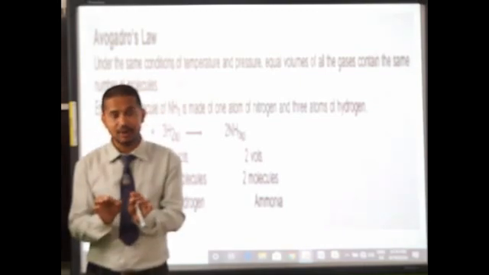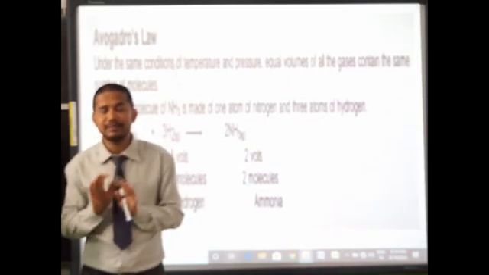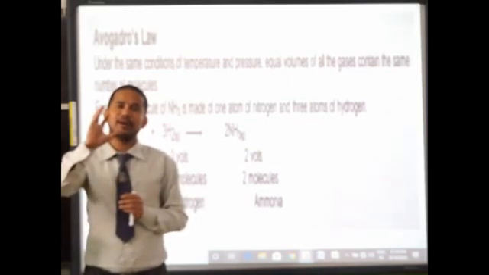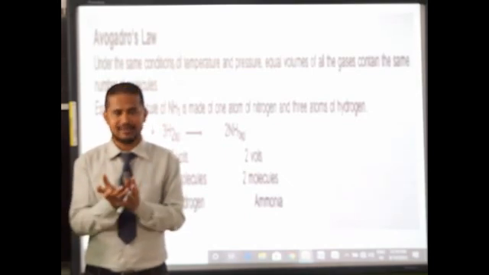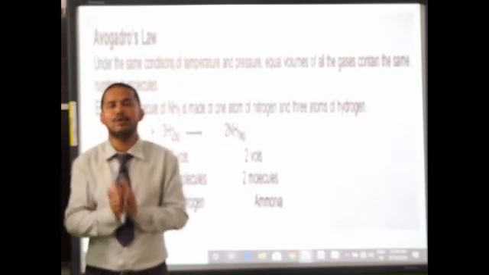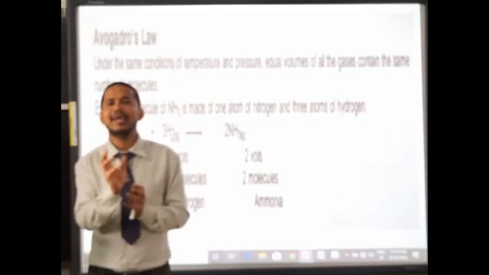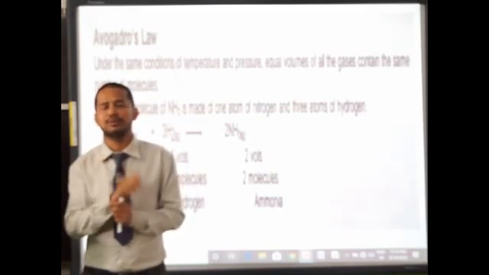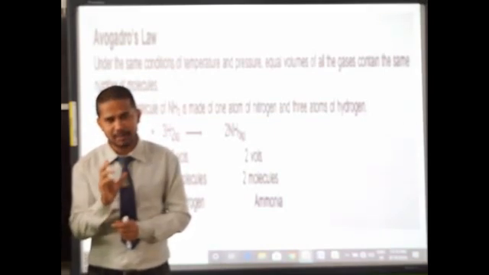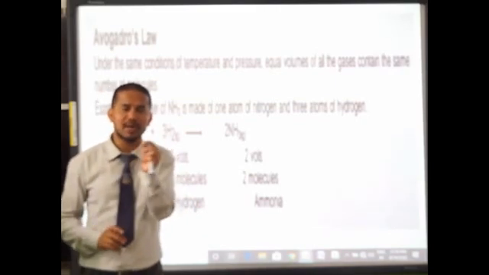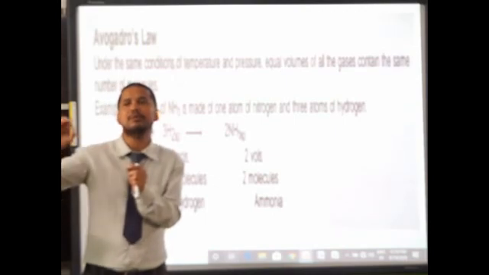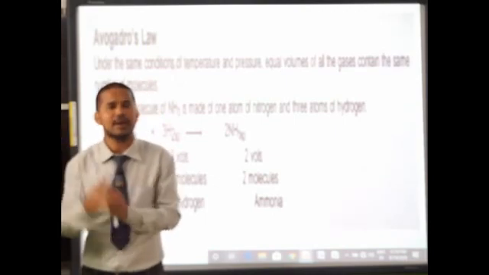This clearly means that if the volume is equal, then all the gases having the same volume will have the same number of molecules in them. That means the number of molecules in 1 liter of oxygen is equal to the number of molecules in 1 liter of carbon dioxide.